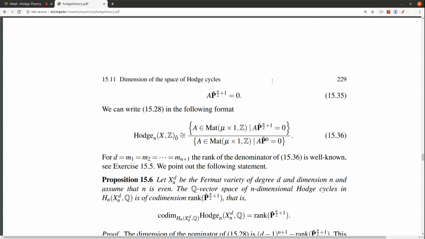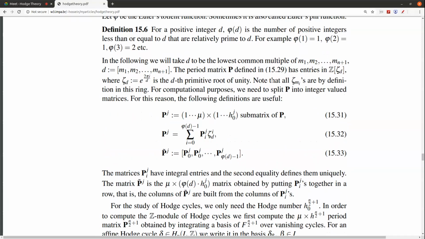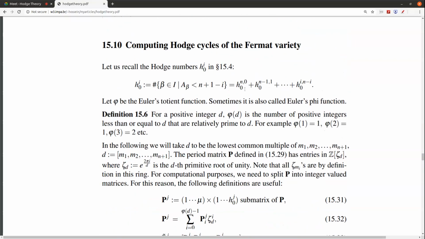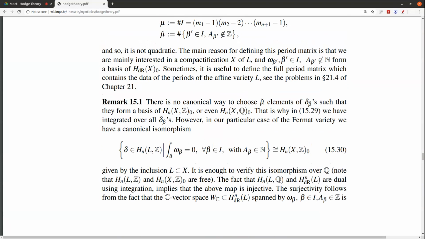What can I talk about? Maybe just one observation. Where is this observation? Okay, I will talk a little bit about this observation.